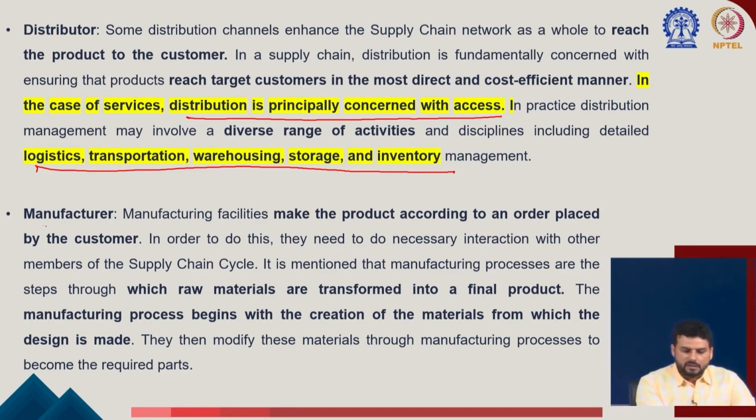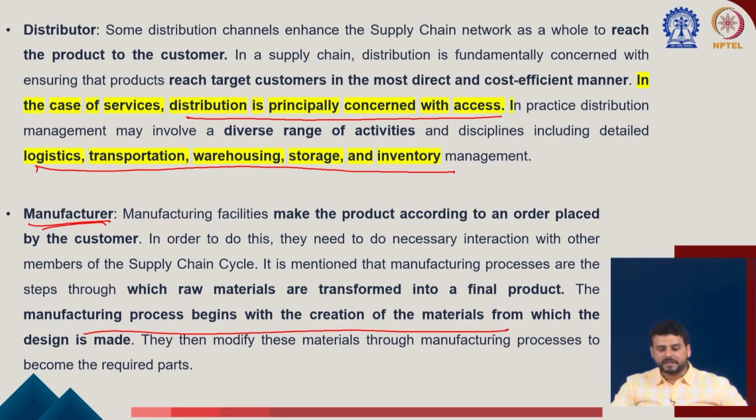Manufacturer, again, depending upon whatever demand is there from the distributor, he is sourcing the raw material, he is processing that raw material from all the suppliers, and then converting into final product, right? So manufacturing process begins with the creation of the material from which the design is made, right?